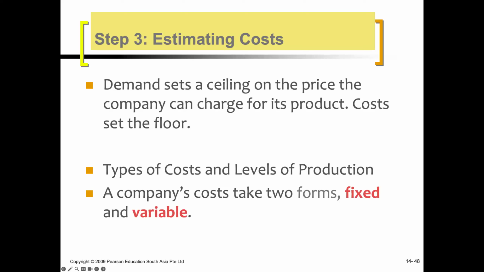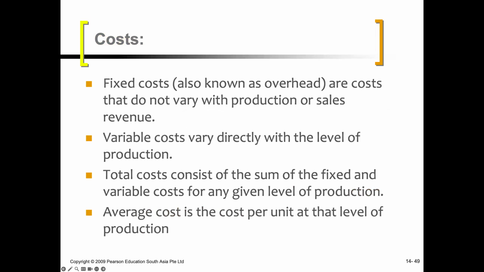A company's costs take two forms: the fixed cost and the variable cost. Fixed costs, also known as overhead, are costs that do not vary with production or sales revenue.